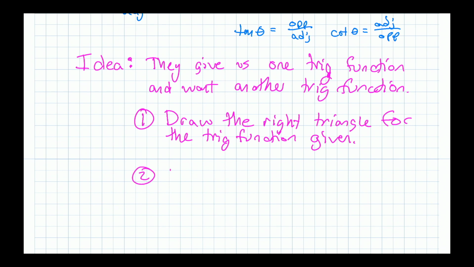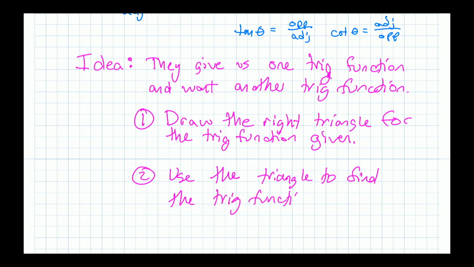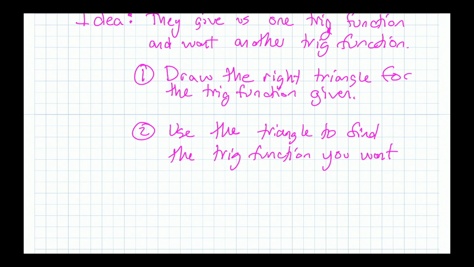And then you're just going to use that triangle to come up with the new trig function, the one that they ask for. Use the triangle to find the trig function you want. But the only extra thing you need to do is we're still going to be thinking about unit circle trig.